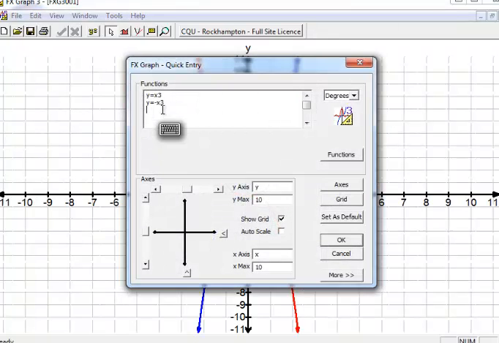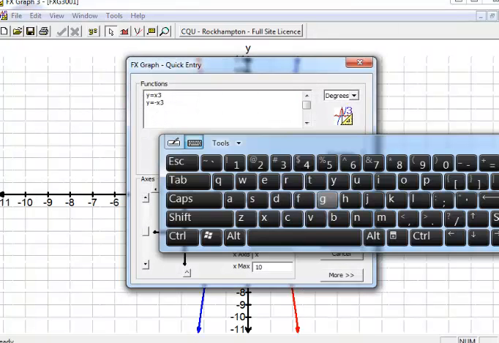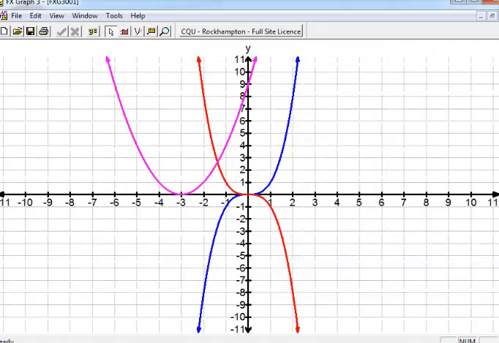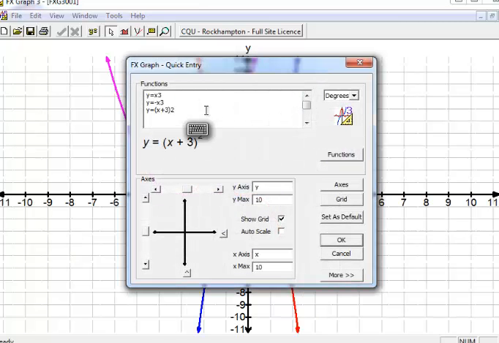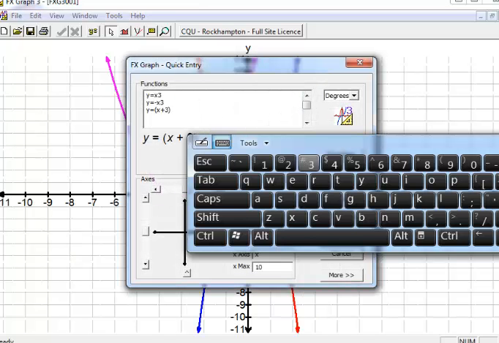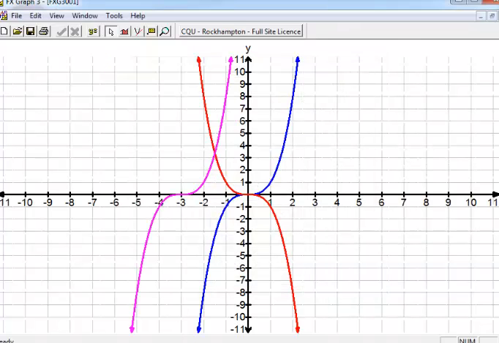Another type would be something like y = (x + 3), and I keep getting the bracket wrong. If I square that, we have our quadratic, which we just looked at. If I change that squared to a cube, you can see you've got your basic cubic moved.